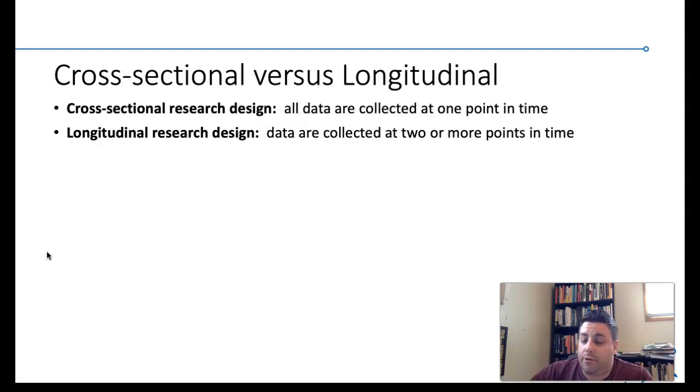In a longitudinal design, you might survey people once, and then a month later you survey them again to see how things have changed. There are literally a million things you could want to see a change in. You might be studying change in opinions, or change in psychopathology, or even change in something like income.